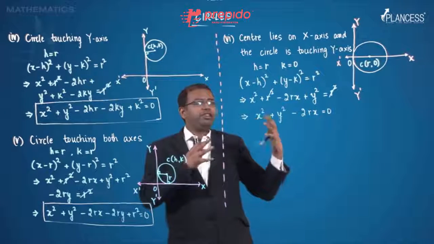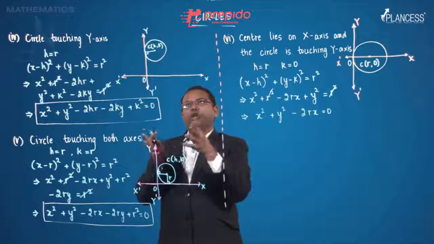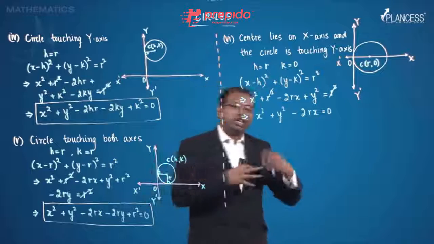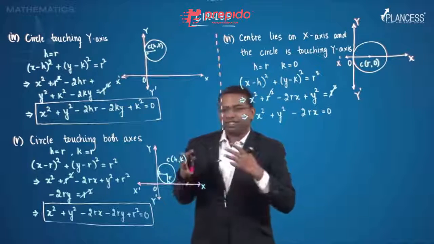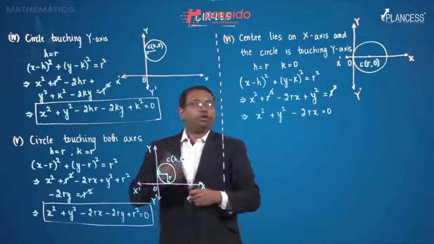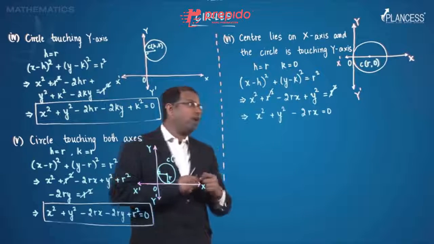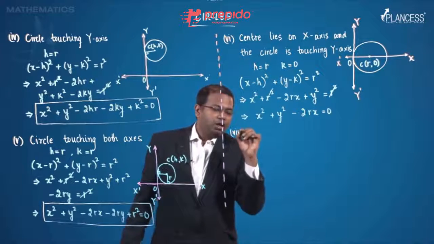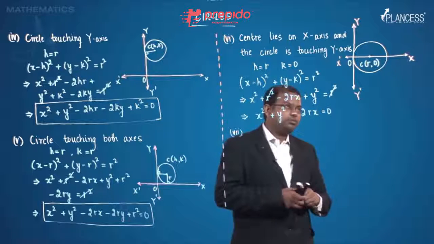I hope this gives you a fairly good idea as to how the equation of circles is changing depending on the location. So the easiest and the simplest form that we have come across is when the center is lying at the origin.